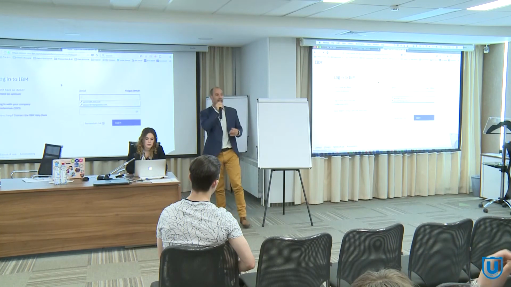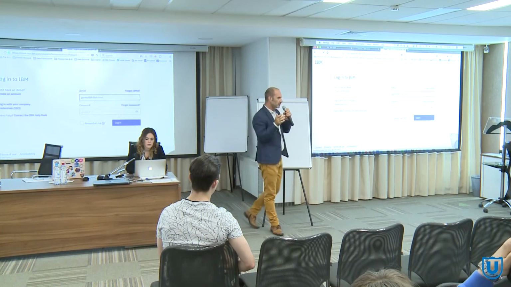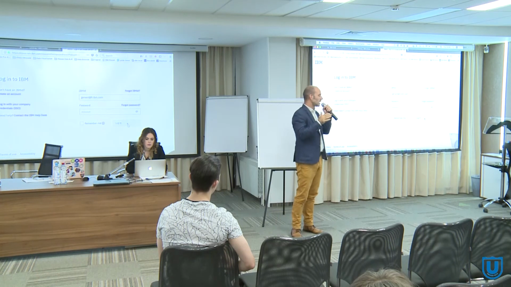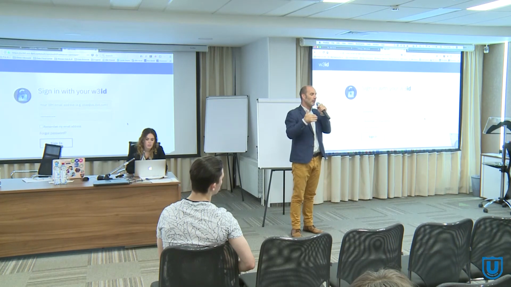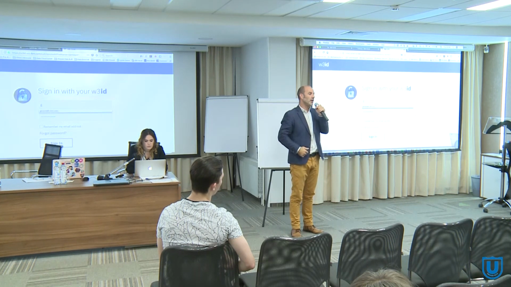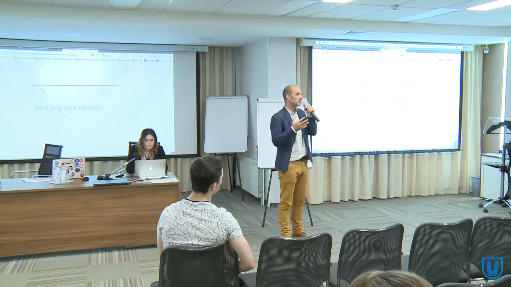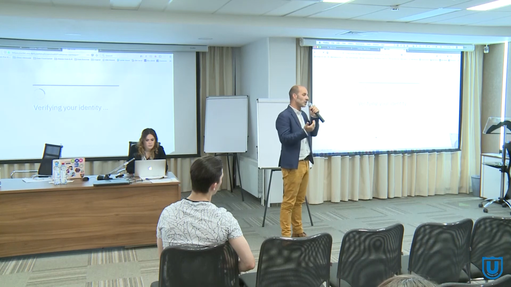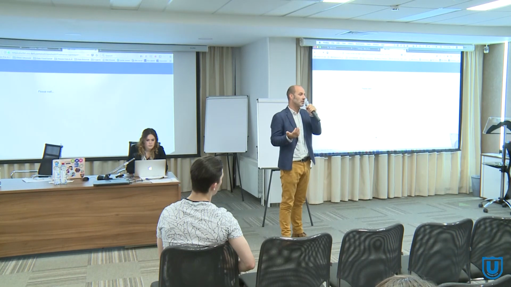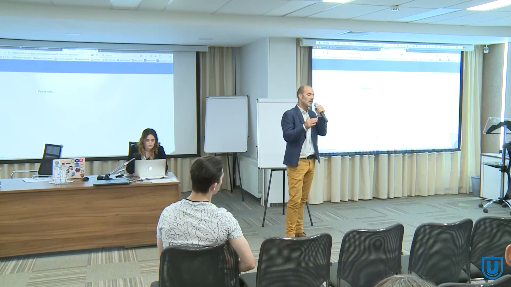AI OpenScale is a service which helps to monitor the AI artifacts that you deploy, but also helps to integrate them into your application, and it builds some logic around this. Let me give you a quick use case.